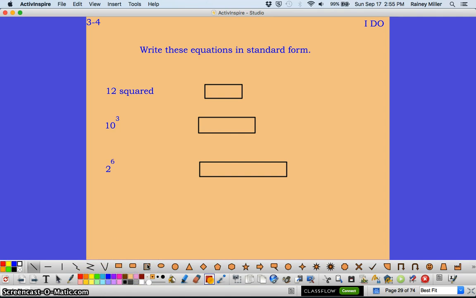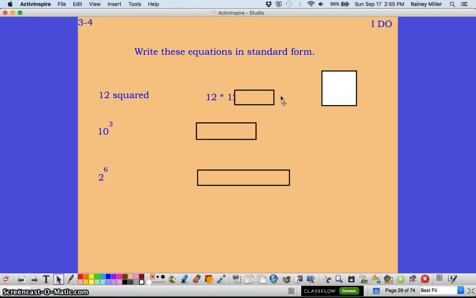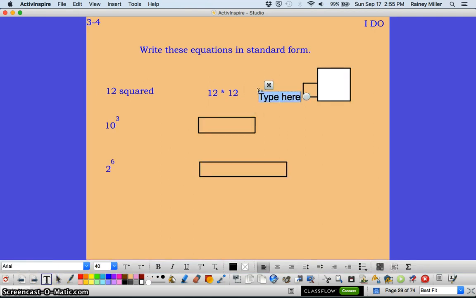With a square, you take the side multiplied by the other side in order to get the area of the square. Well, that's kind of what we're doing here. We're taking the 12 and multiplying it by the 12. So the standard form of this one would actually be 144.